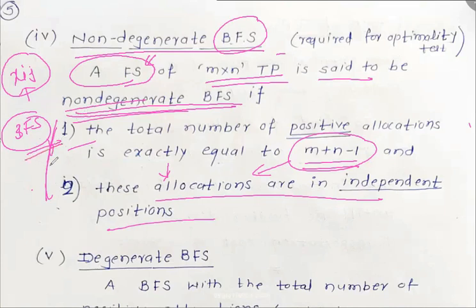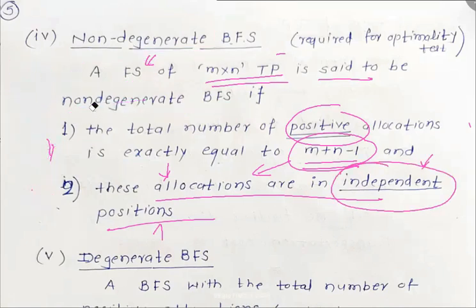So there are two conditions. One, it is a basic feasible solution, that is, the total number of positive allocations is exactly M plus N minus 1. And second, these allocations are at independent positions. Now we will see what is the meaning of independent position.